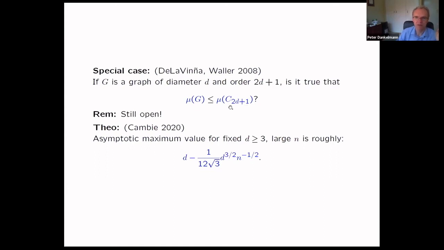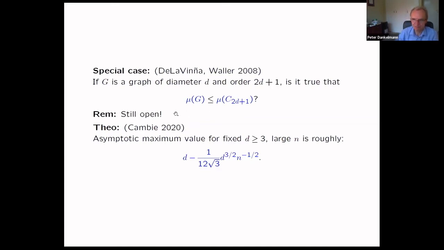In other words, among those graphs with diameter d and 2d plus 1 vertices, is the graph with the largest possible average distance the cycle?